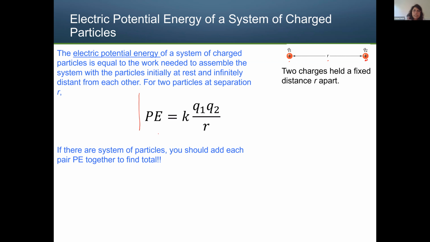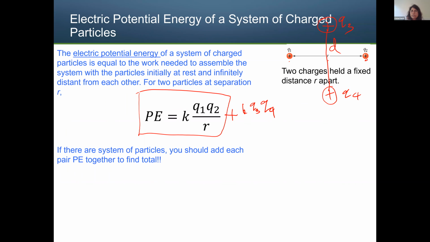That is called the potential energy, right? If I have another two charges in this system, somewhere here and somewhere here, then you need to take this pair too, Q3 and Q4, and add K, Q3, Q4 over the distance D.